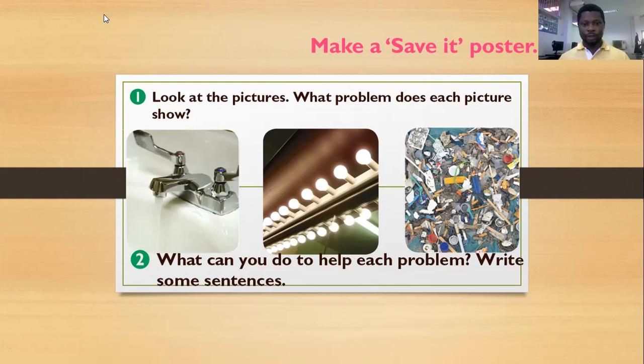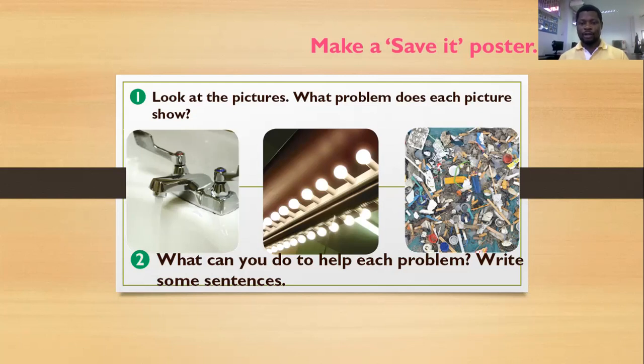Now, we have this. What problem is this? This problem is not closing the tap. The tap is flowing, wasting water. That is problem number 1. What is this problem? This problem is not switching off the light.